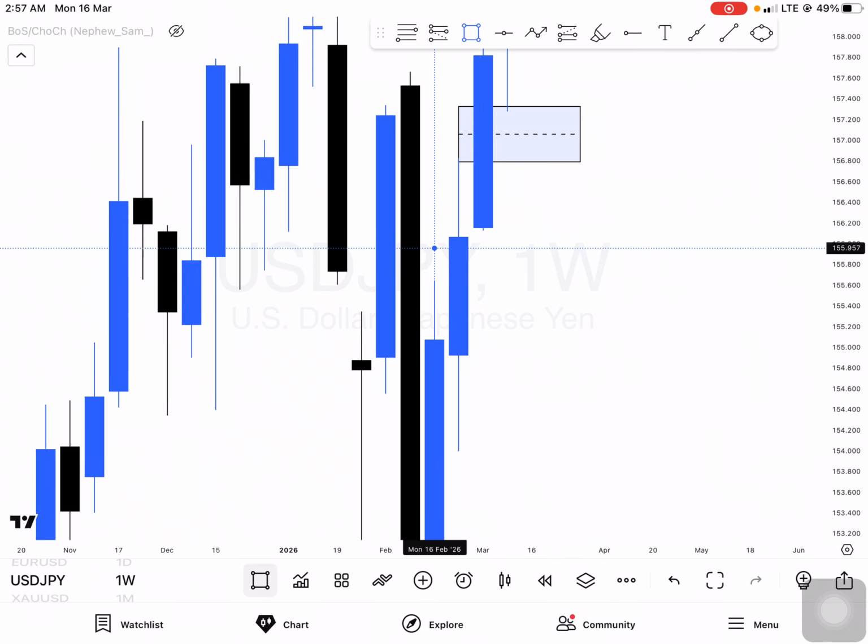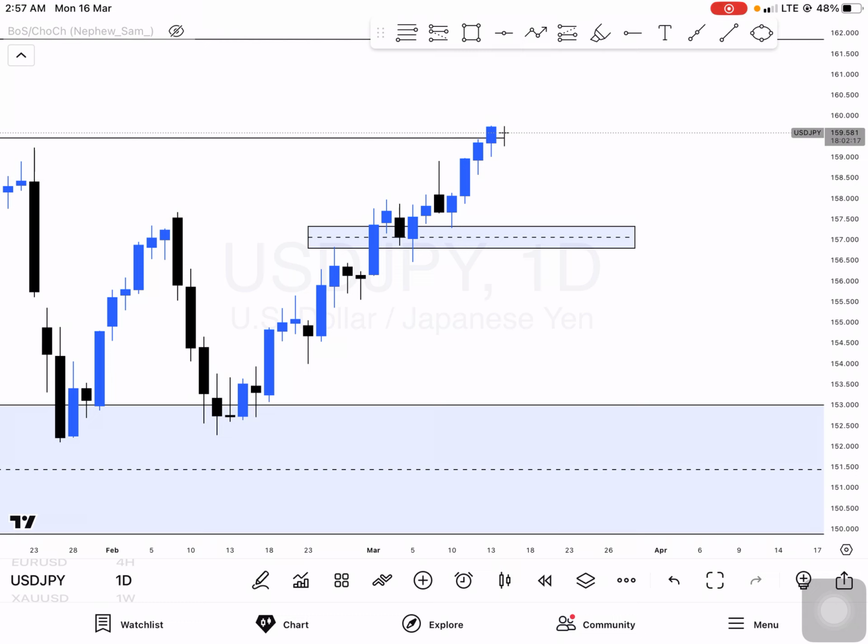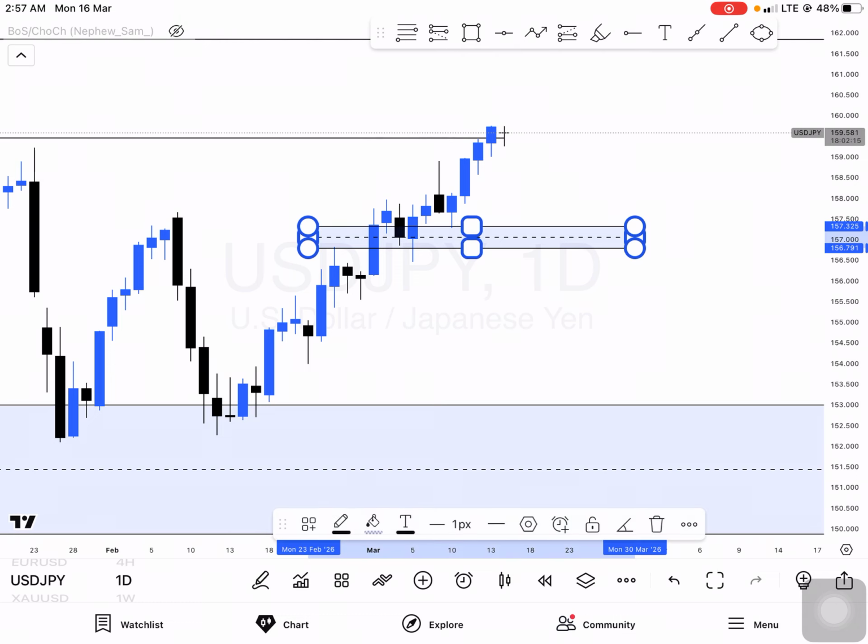So slowing down into the daily time frame, this is where we'll now mark our structures very well. Take note, this is the fair value gap we have on the weekly time frame, so we have to be very, very careful.